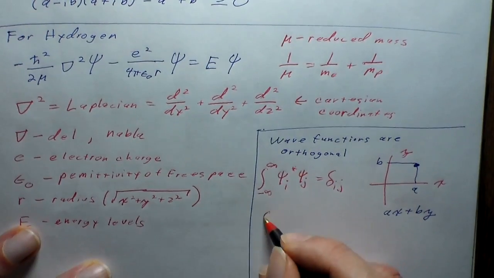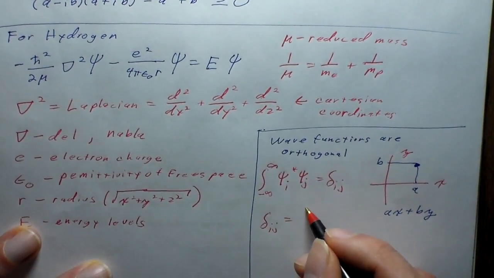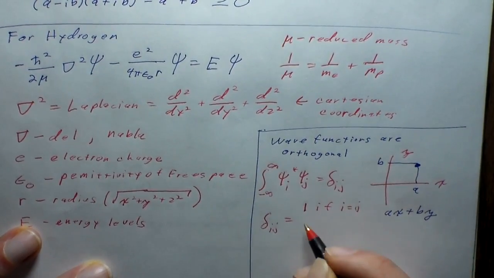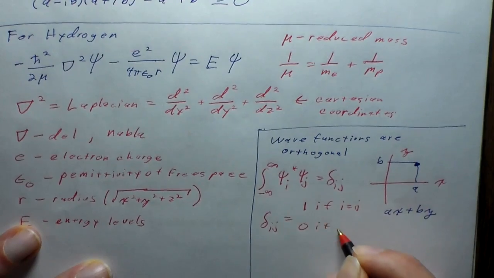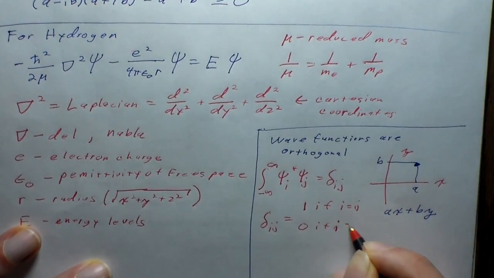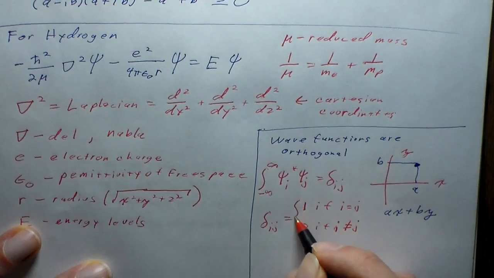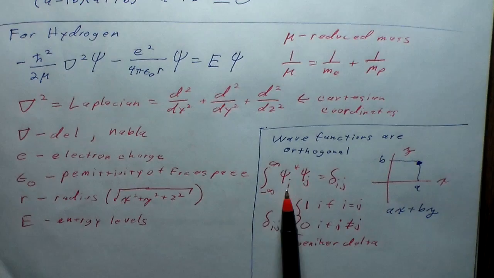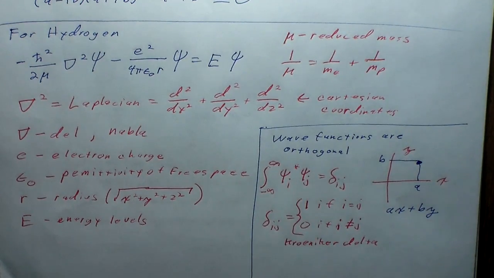This little Kronecker delta is going to be equal to 1 if i is equal to j, and 0 if i is not equal to j. So if you have the same wave function and you're integrating over all space, you'll just get 1. But if you have a different wave function integrating over all space, you'll get 0. And that's only if these things are orthogonal. If they're not orthogonal, then this wouldn't actually hold.